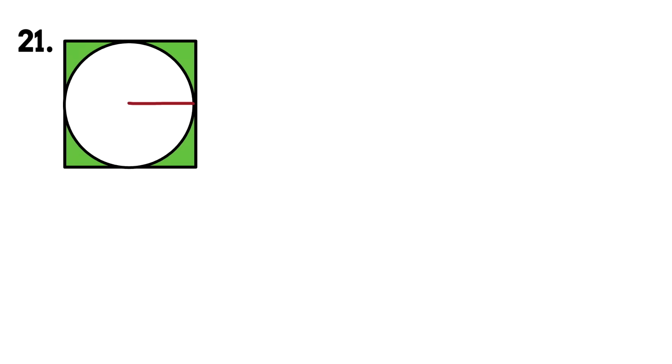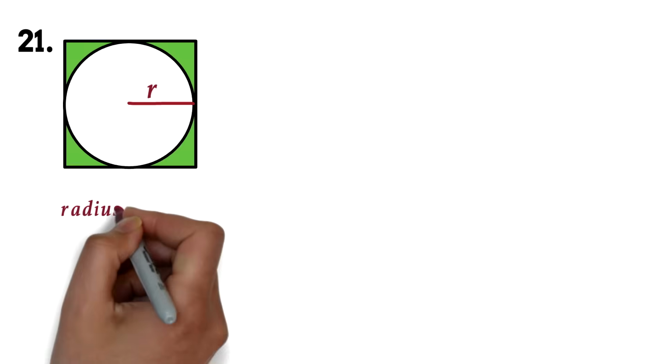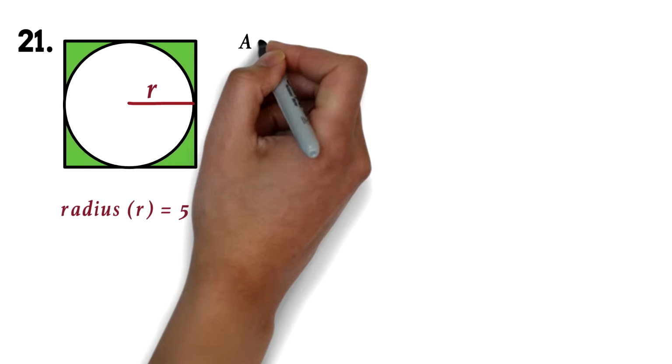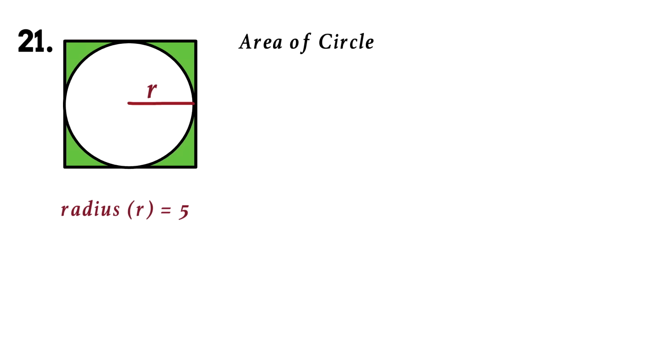Question 21. We are looking at a similar problem. We want to find the area of the green shaded portion. Again, all we have to do is find the areas of the two shapes and subtract them. Here, we have a circle of radius 5, inscribed in a square. The formula for finding the area of a circle is pi times r², where r is the radius.